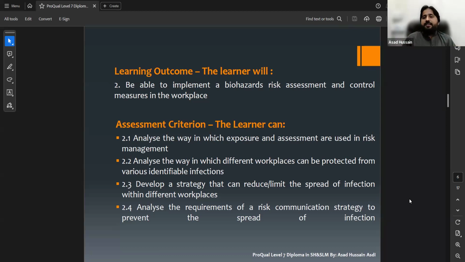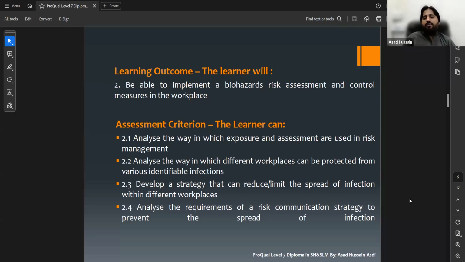But still, the absence of proper risk communication, or the absence of a risk communication strategy, can boost the spread of infection instead of preventing it. So what is required is that you should be able to analyze the requirements for a risk communication strategy.